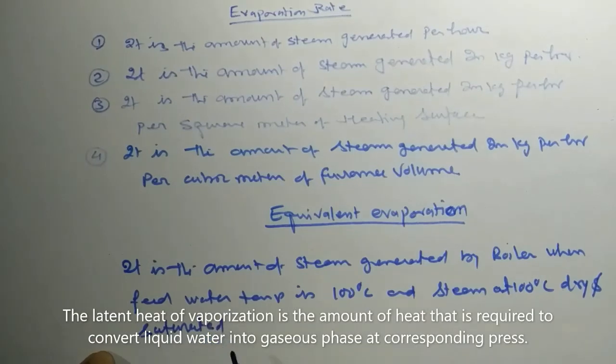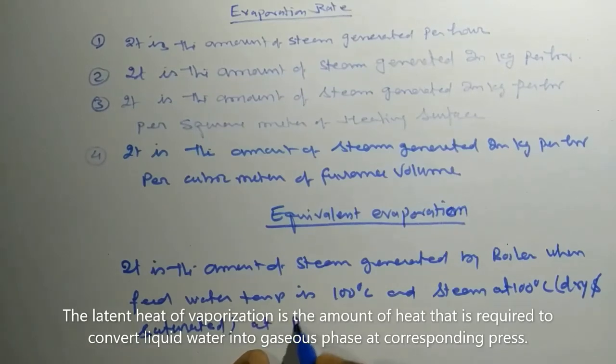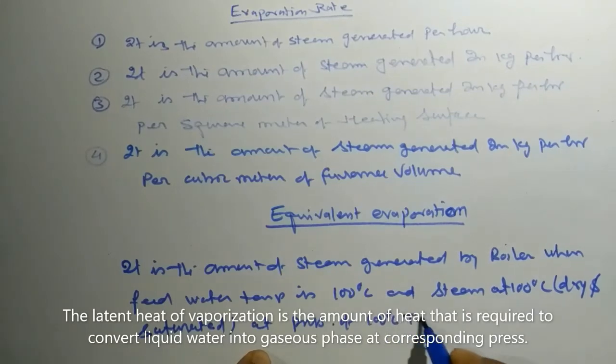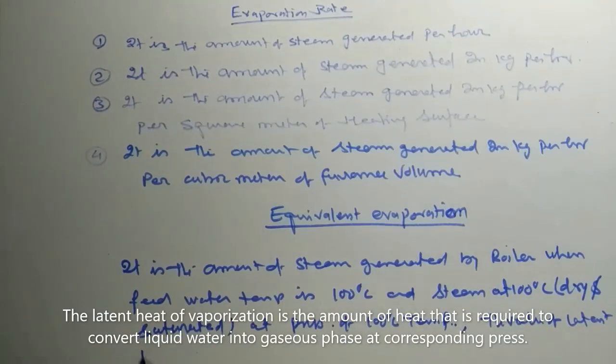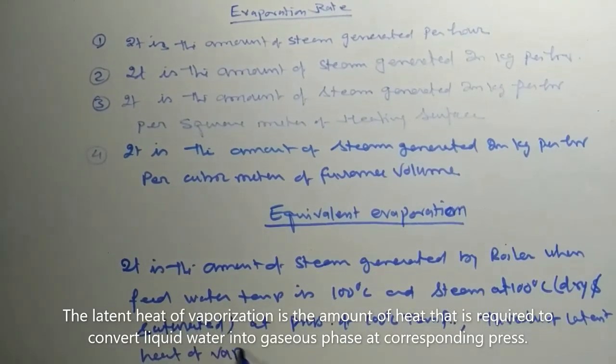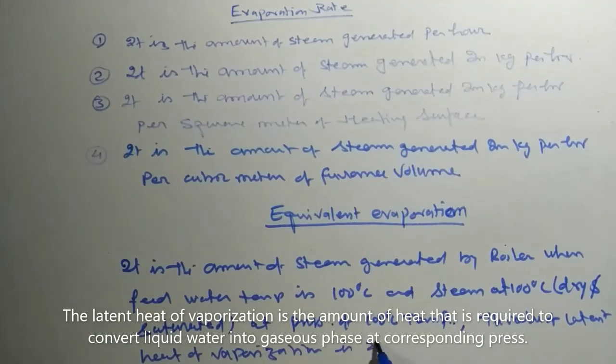This is the condition, dry and saturated. The value of latent heat of vaporization is 2257 kilojoule.